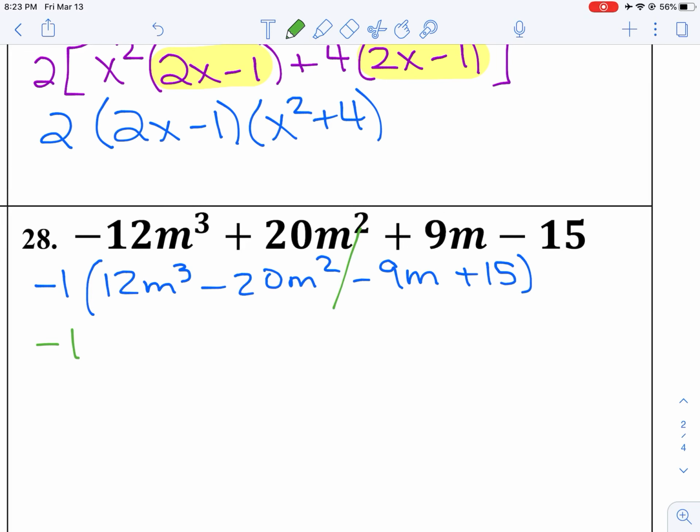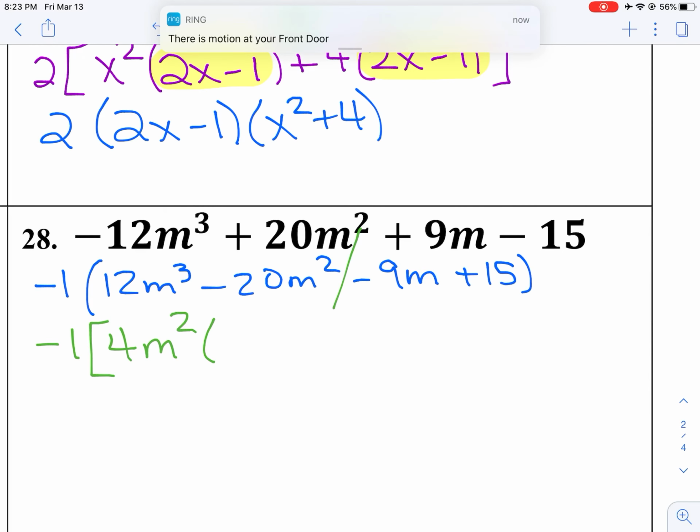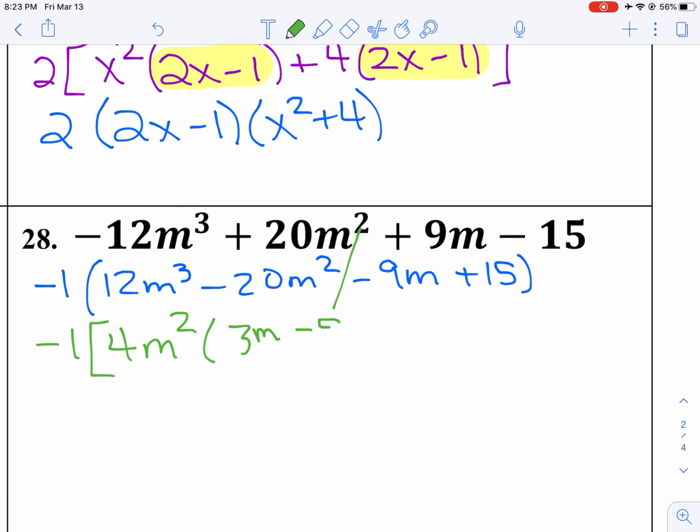And I split it. I make this 4m squared, and then I would have 3m minus 5. And then these two over on this side have a negative in front of it again, so I take out a negative 3.